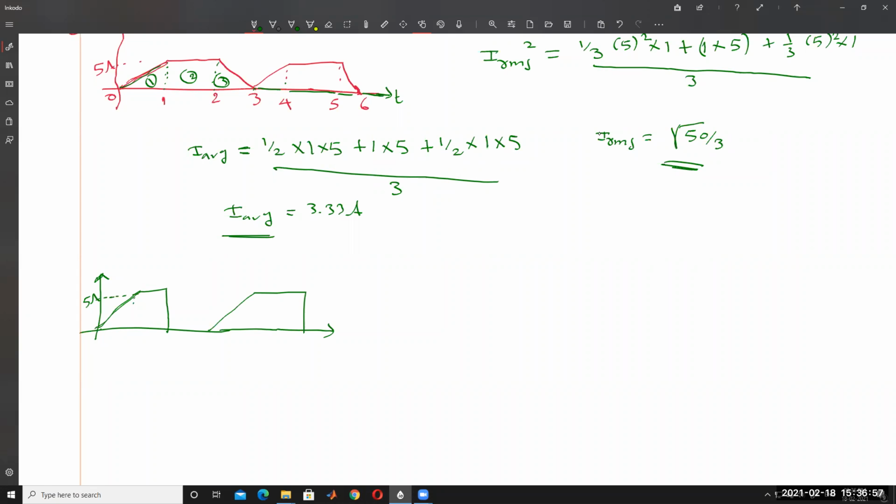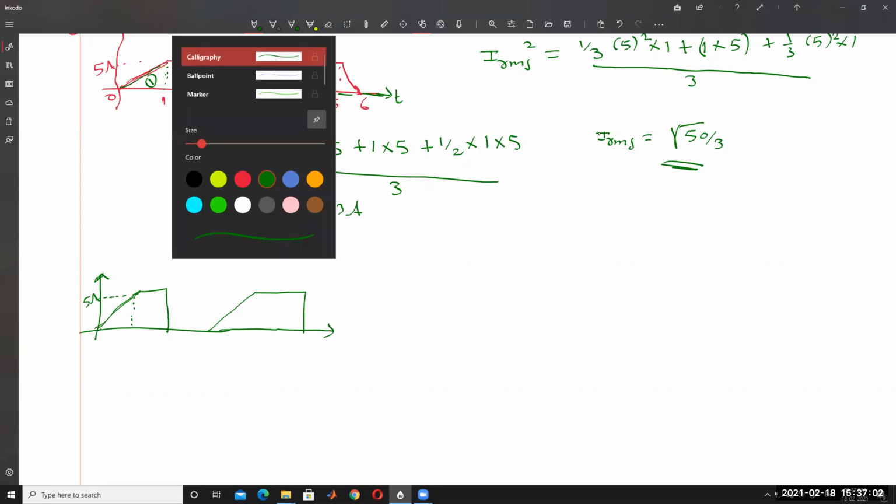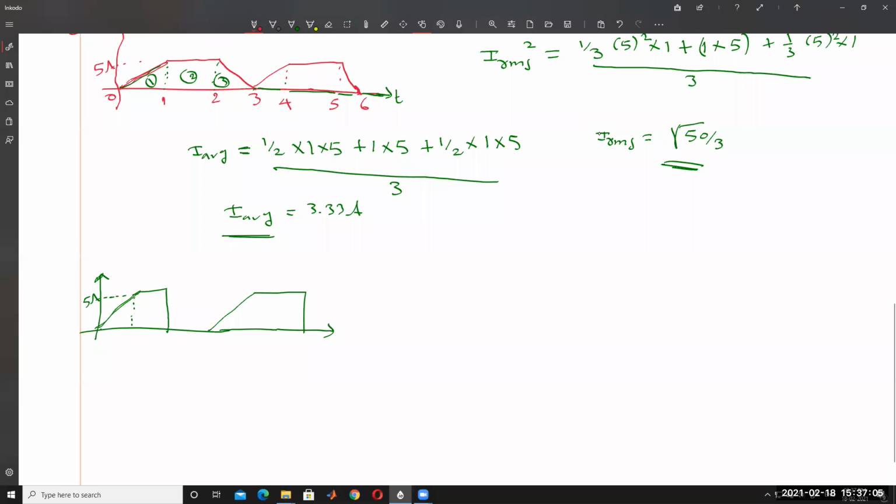So for your time period, taking 0 point, 0.01, here 0, 0.01, 0.02, 0.03, 0.04, 0.05, and then here 0.06.